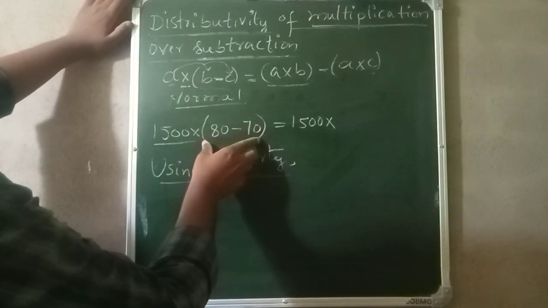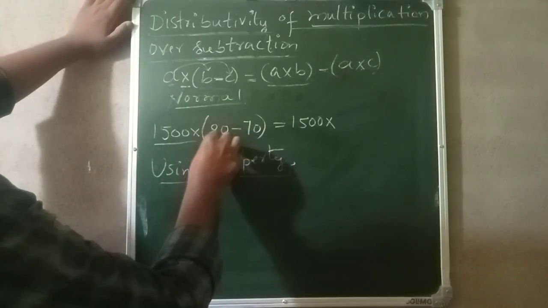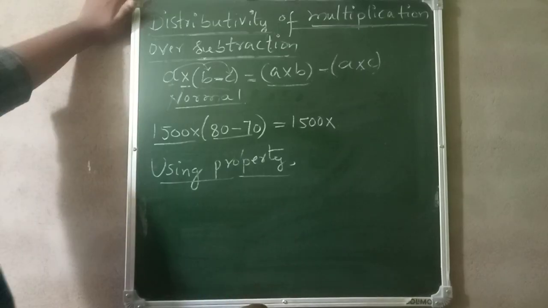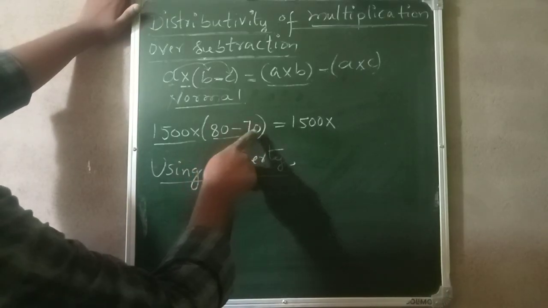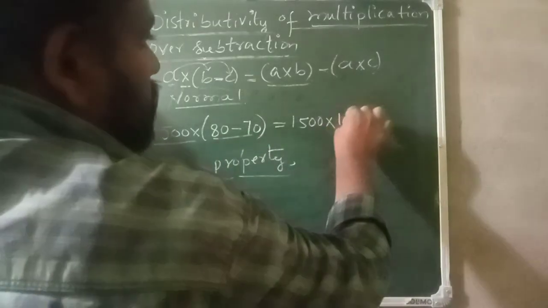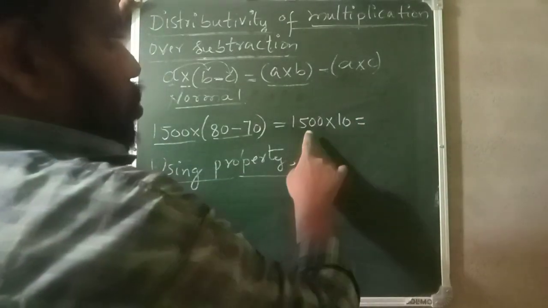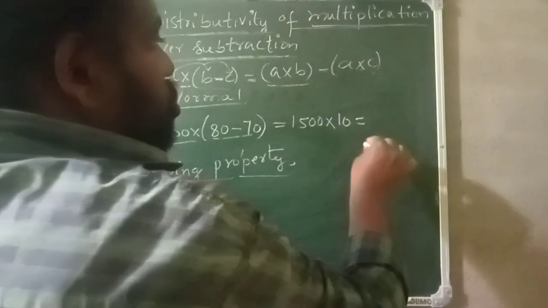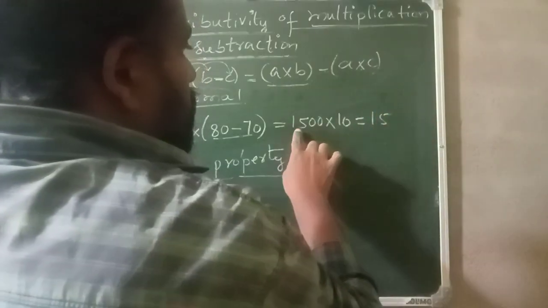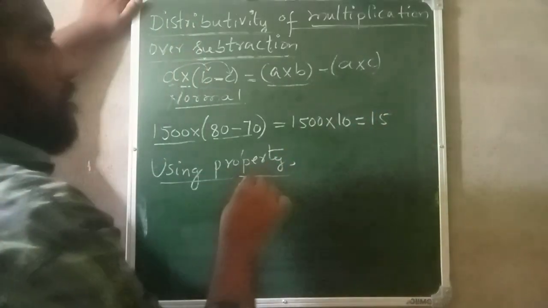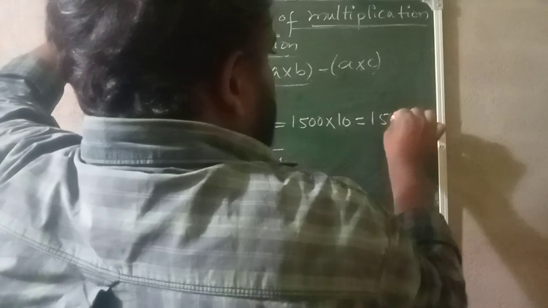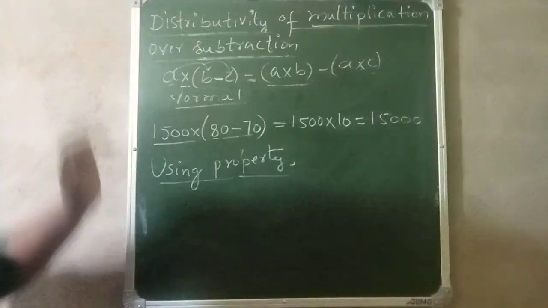Now next inside this bracket whatever is there, so that we have to simplify. So 80 minus 70 is 10. So that is equal to, now 1500 into 10, how much? 15,000 you will get.